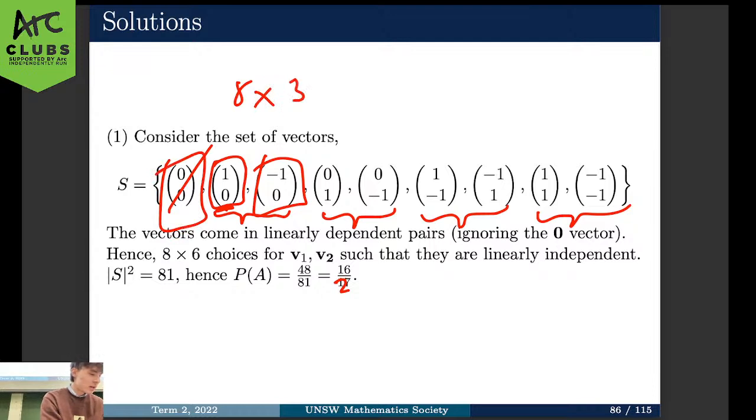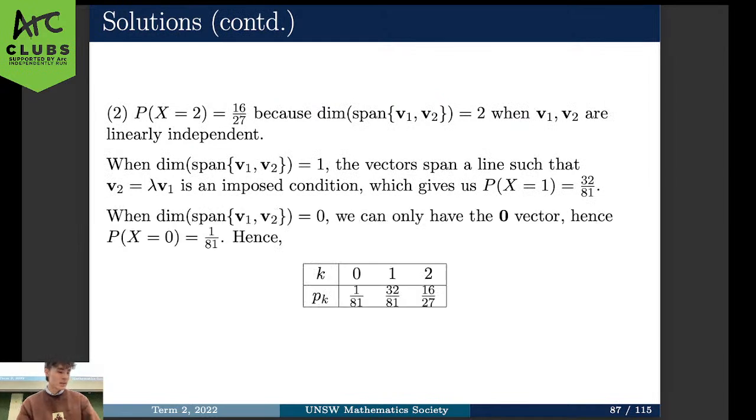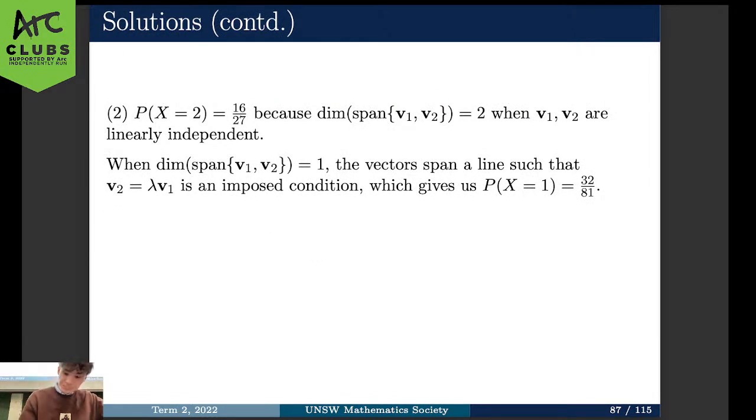And now I just add another 8 choices for when I pick the 0 vector first. So now this should give us 8 times 4 equals 32 different ways that I can pick vectors such that they are scalar multiples of each other. And now dividing by 81, the probability of x equaling 1 is 32 over 81.